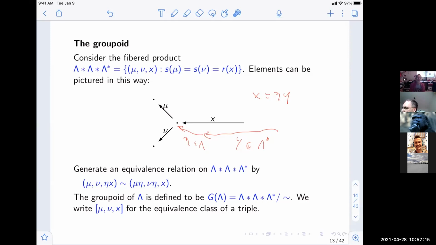I was asking this question because this boundary type of thinking, this one-sided path going to infinity, reminds me of the Gromov construction of the boundary of a group coming from the Cayley graph. Yeah, it's very interesting.